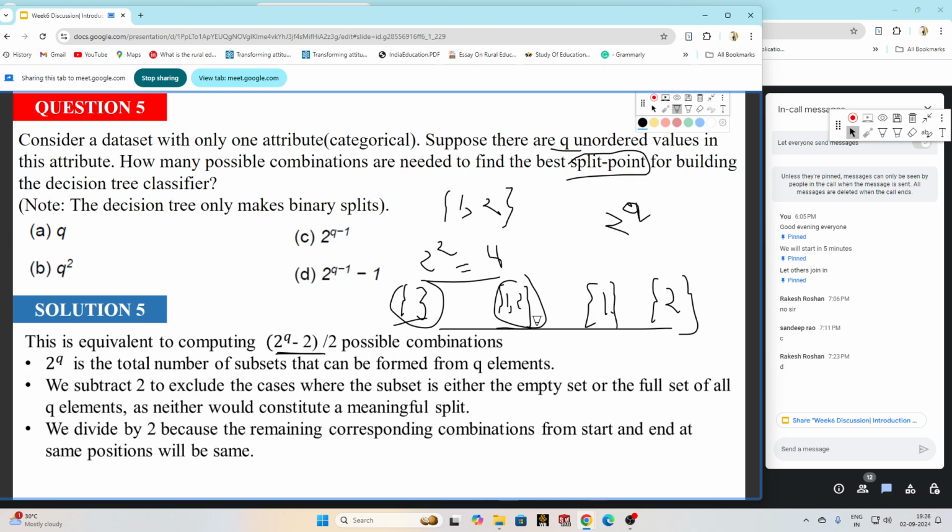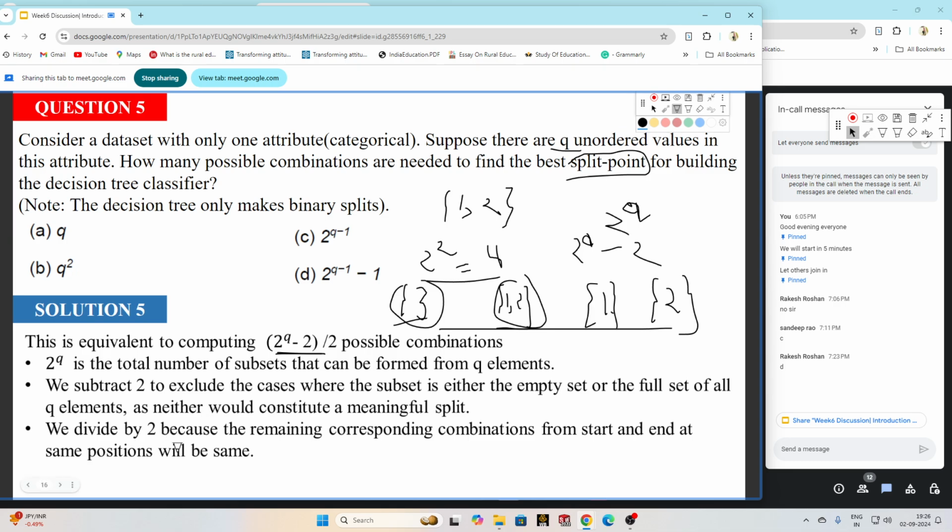So whenever we have to do the split into different number of sets, we cannot consider an empty set, neither can we consider a full set. So that is why these 2 are erased. So we are left with only 2 squared minus 2. So that is why 2^q minus 2.